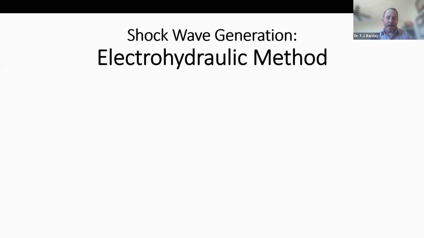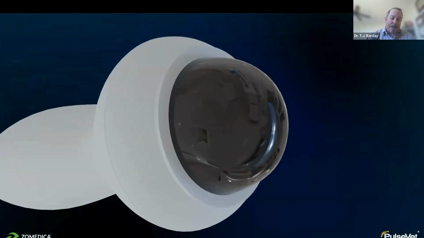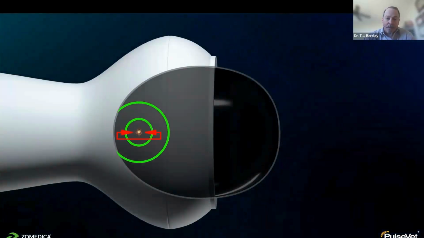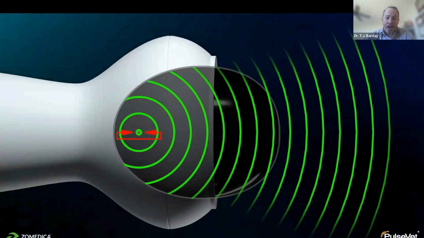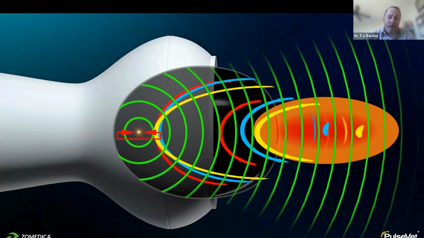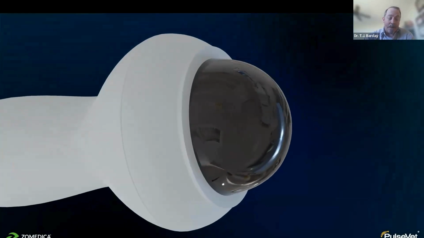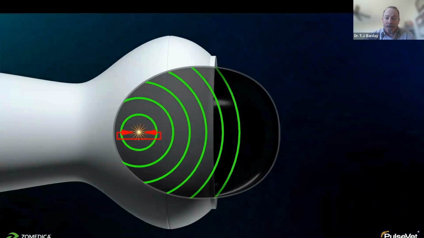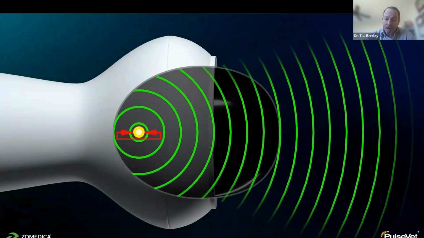Starting off with the electrohydraulic method, this is the way that the PulseVet shockwave therapy device works, and it is really the original method of generating shockwaves.